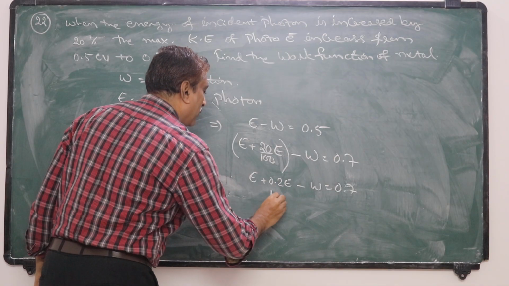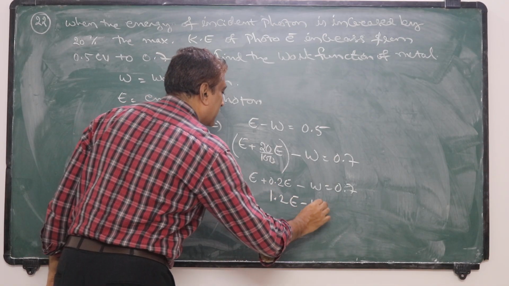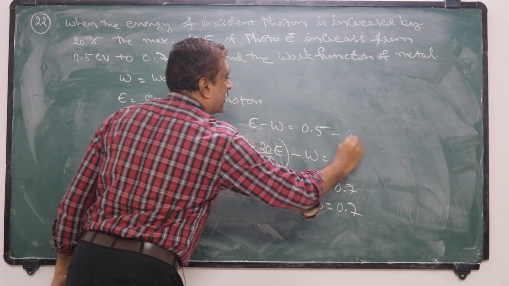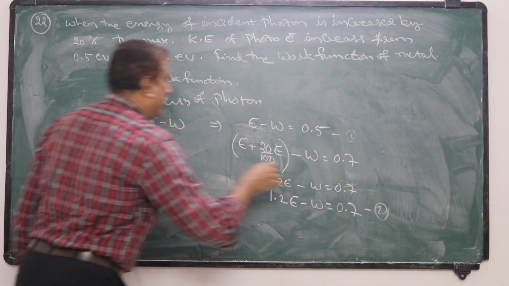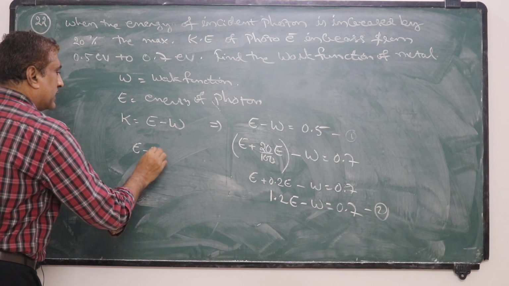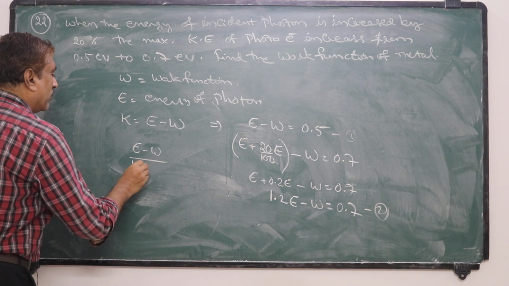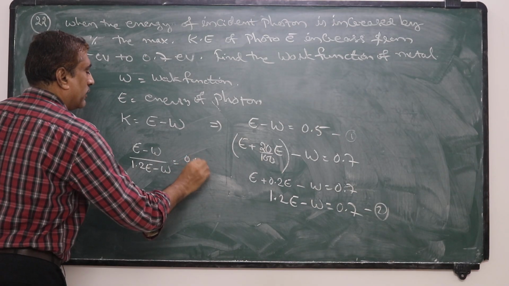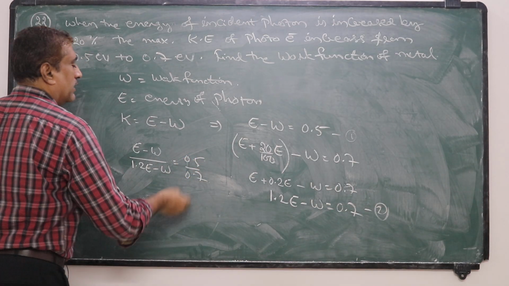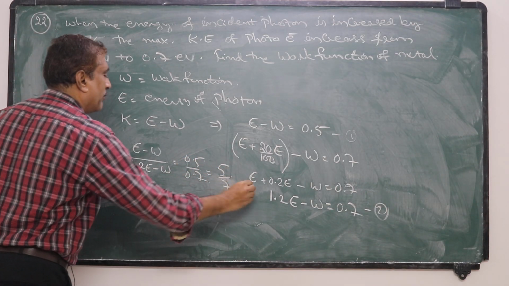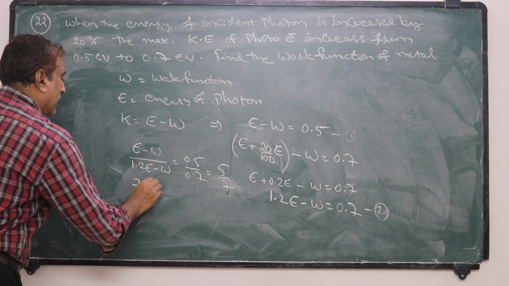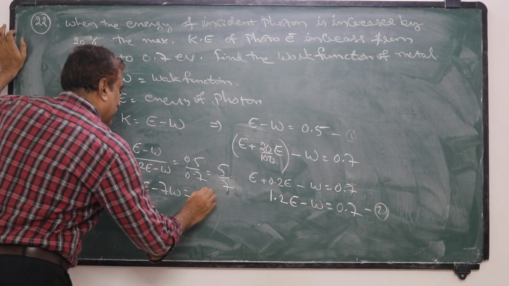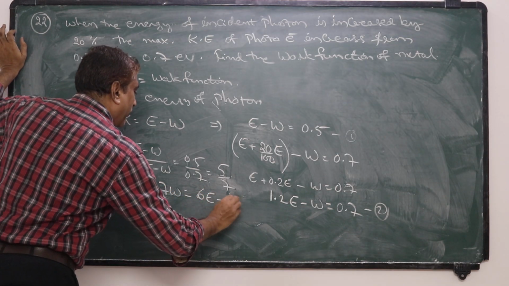That is 1.2 E minus W is equal to 0.7. Take this as equation 1, and this as equation 2. Dividing 1 by 2, E minus W by 1.2 E minus W equals 0.5 by 0.7, that is 5 by 7. Now 7E minus 7W is equal to 5 into 1.2 E, which is 6E, minus 5W.